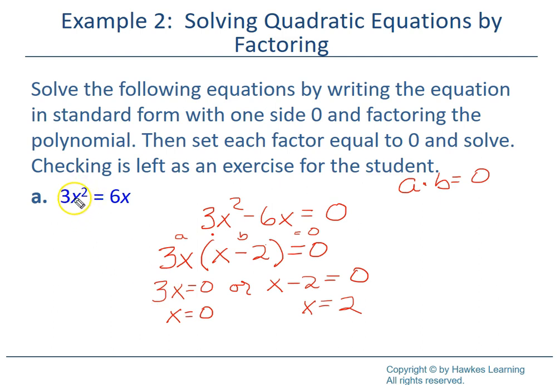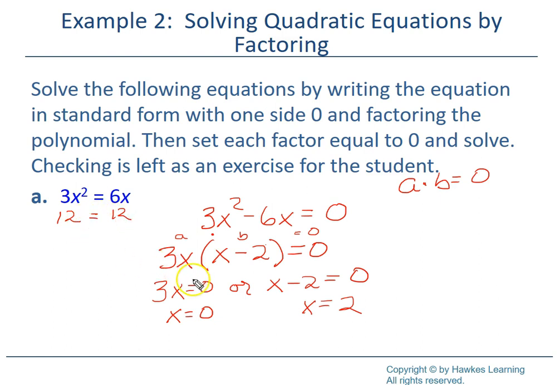If x is 0 here, x squared is 0, times 3 is 0, and 6 times 0 is 0. But how about if it's 2? Well, 2 squared is 4, 3 times 4 is 12, and x is 2 here, so this is 12.